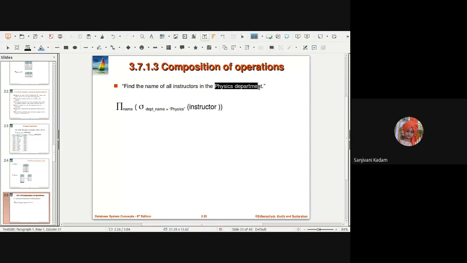So to the pi I will assign the name of all instructors in the physics department. Again I wanted to give a filter to the tuple value also. Whenever we write conditions involving more than one operation, that is sigma and also the project operation, we always enclose these in brackets.